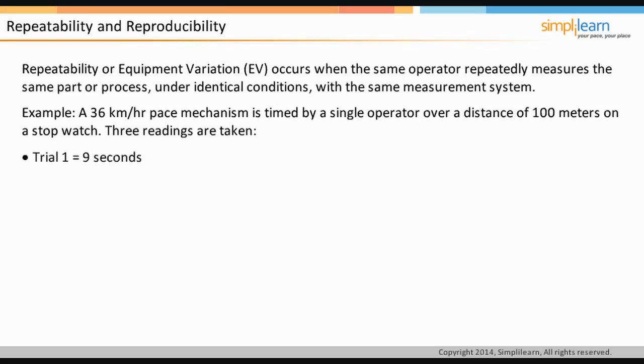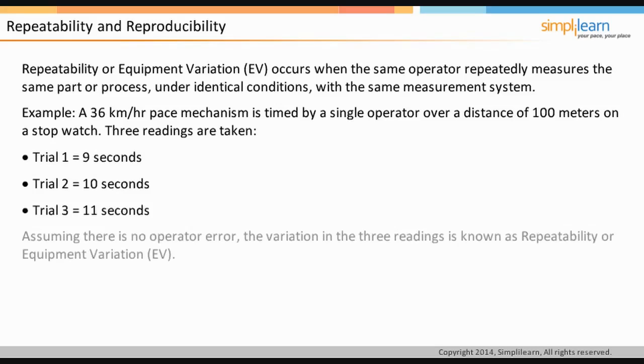Trial 1 takes 9 seconds, Trial 2 takes 10 seconds, and Trial 3 takes 11 seconds. The process is measured with the same equipment in identical conditions by the same operator. Assuming no operator error, the variation in the 3 readings is known as repeatability or equipment variation.